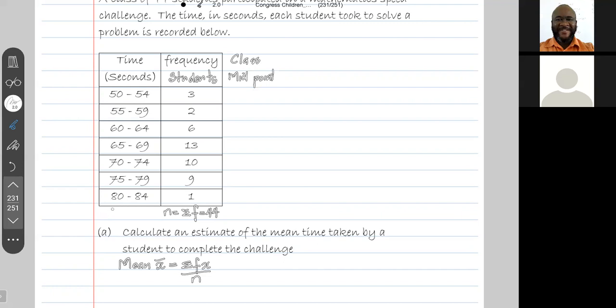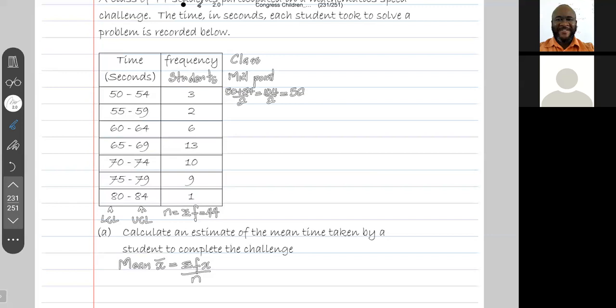Remember, these values are my lower class limit, and the values over here are the upper class limit. So it's 50 plus 54 divided by 2. This is 104 over 2. This is 52.